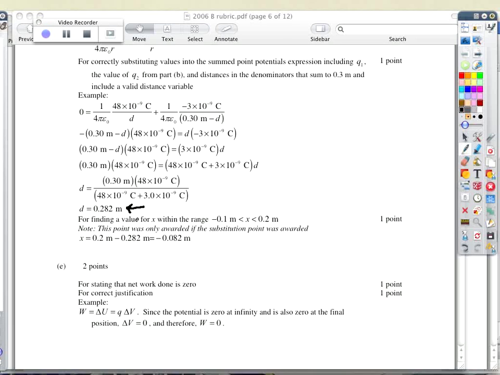So we were 0.0176 meters from this, this way. They are 0.282 meters from that. See what happens when you add those two together? You get 0.3. So we're good.